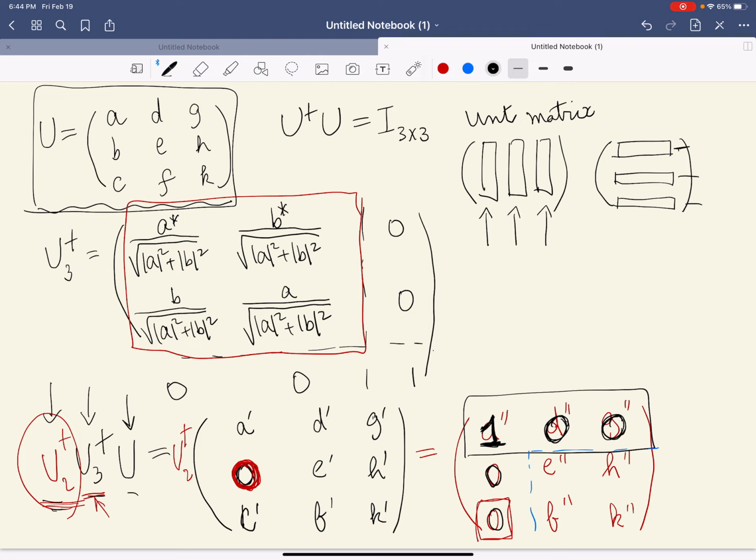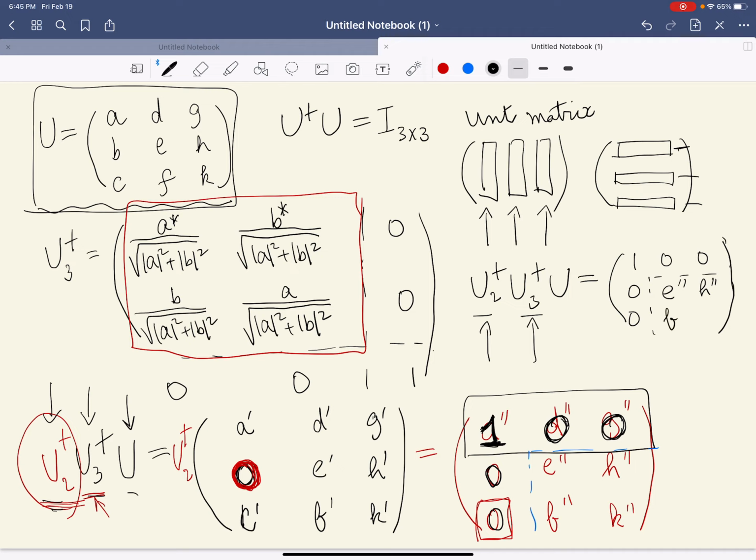So let me recap. Given an arbitrary unitary matrix U, I can go ahead and write down these basically two-dimensional unitary matrices, U3 and U2, so that their multiplication results in this direct sum of a unitary matrix into this form.